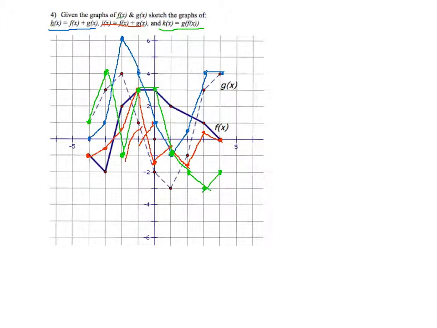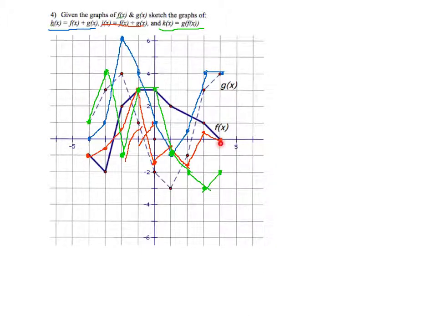Make a dot, connect. So this last one, this composition, can be a little bit tricky because you're kind of jumping around the graph. For the first two, you were always just looking at the same x value. But what makes this last one tricky is that if we just look at that last point again real quick, just to make sure: I'm sorry, I said that wrong.